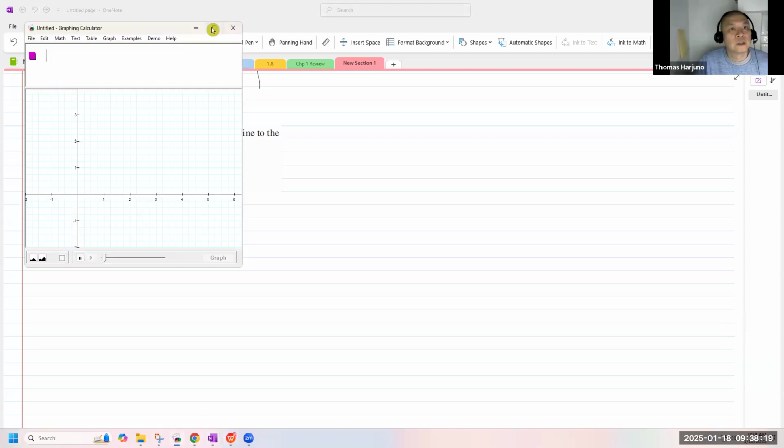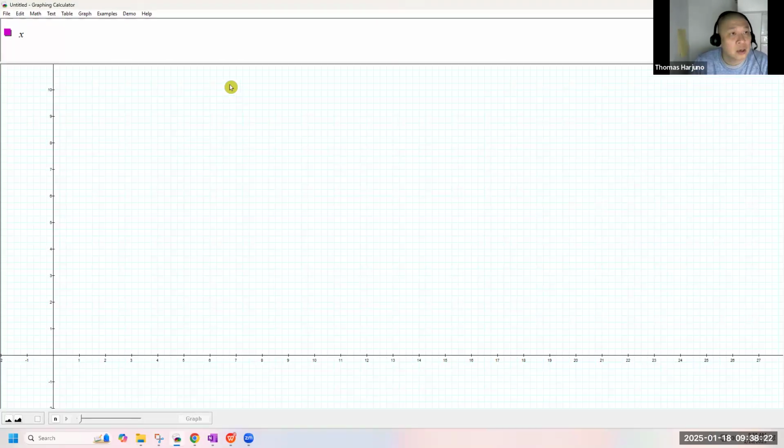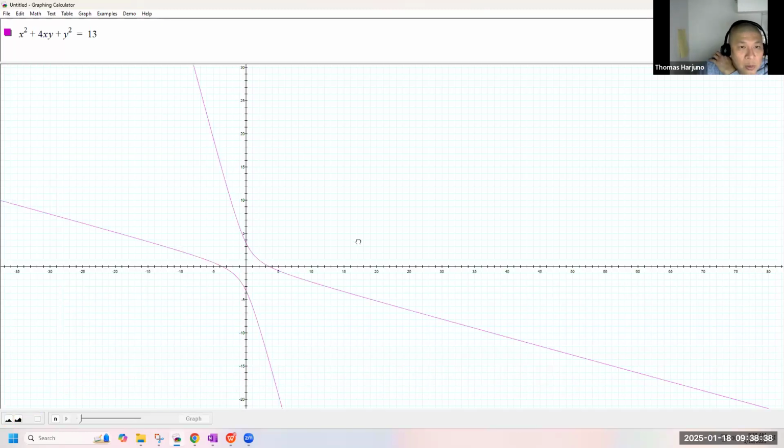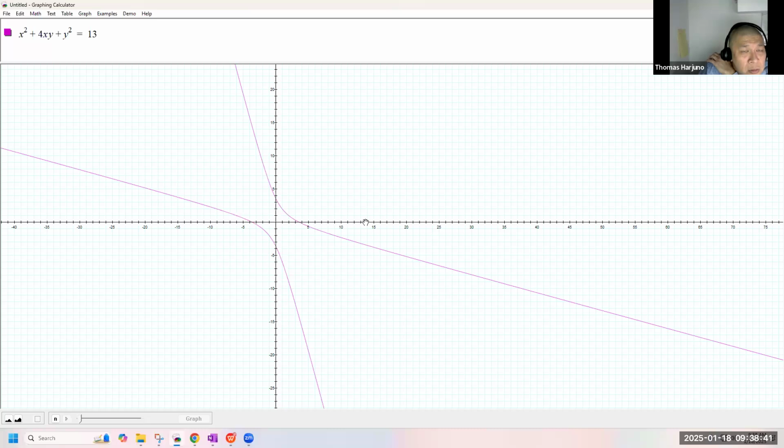Okay, so x squared plus 4xy plus y squared equals 13. Oh, it's not. I really thought it is. I thought it's a circle. It's a hyperbola? Huh. You can see my screen, right? Oh, wow. Okay. I expected that to be a circle because I see x squared plus y squared.